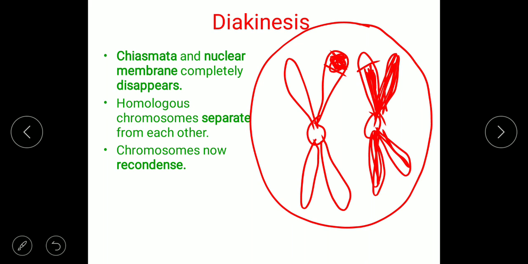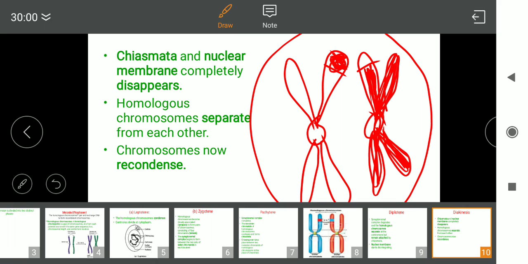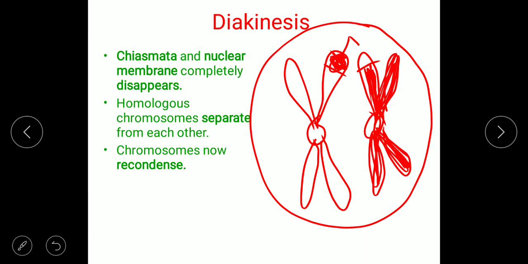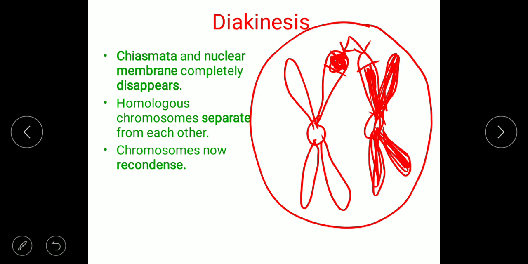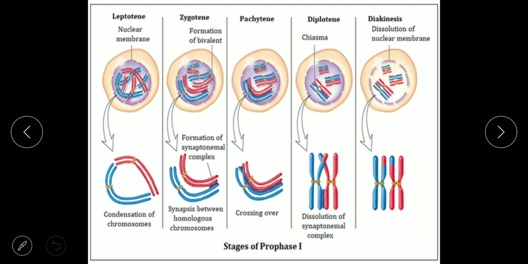My drawing is not so good. Hope you all understand. Okay. Now these two parts are the interchanged parts, where the crossing over took place.